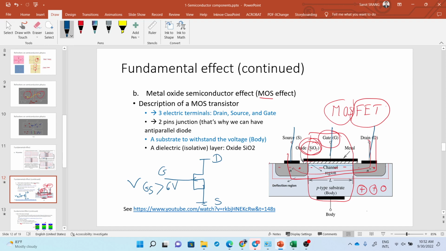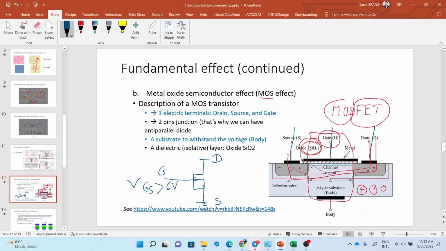If you don't turn it on completely, there is some small resistance there, and that resistance is like friction, it is going to dissipate energy, and over time it can destroy the property of this transistor.